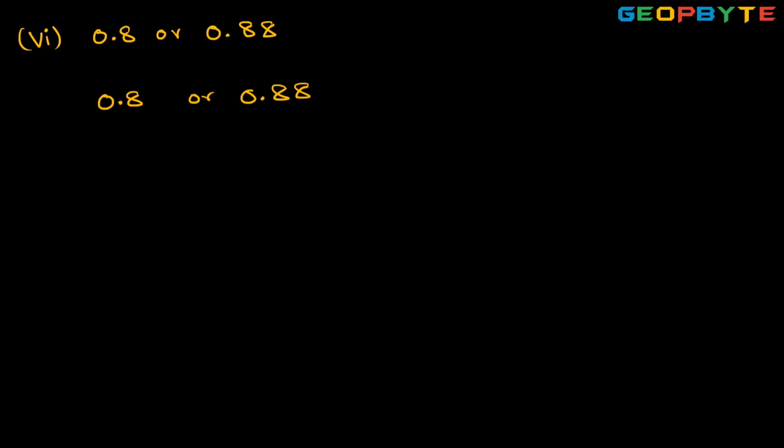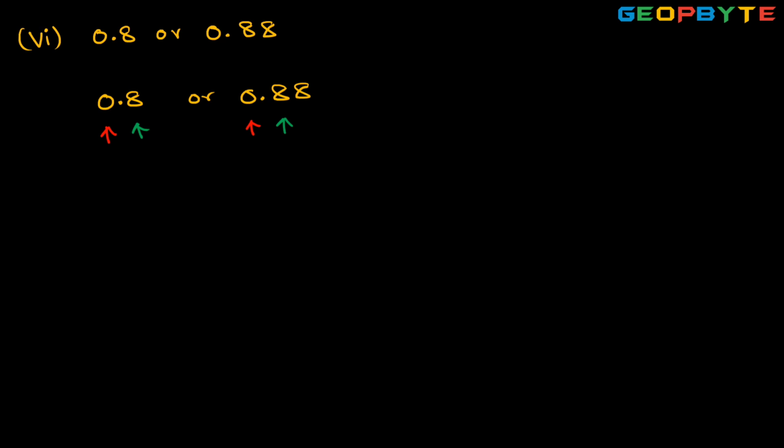First compare the ones place digits, that is 0, and in the second number also we have 0. So both are equal. Then we need to compare the tenths place. Comparing the tenths place digits, here we have 8 and here also we have 8. So both are equal.